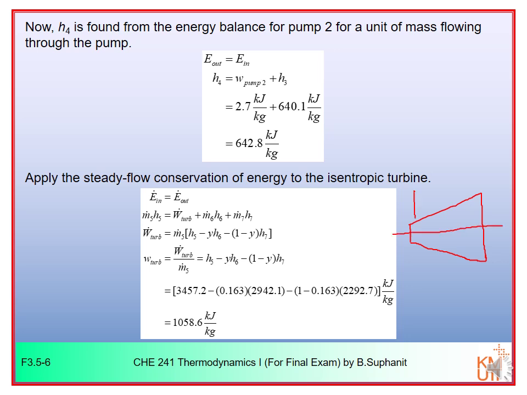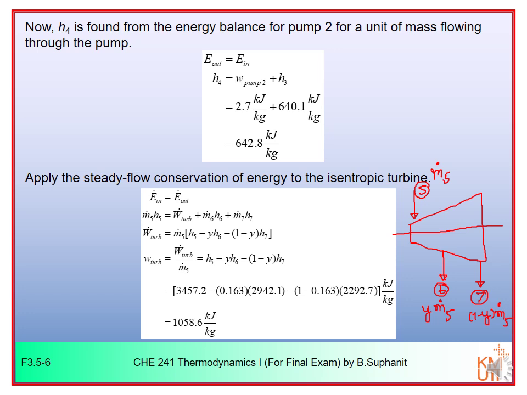It has one inlet, but it has two outlets, one at intermediate pressure and the other at the lowest pressure. We have the inlet at number 5, and outlets at number 6 and number 7. The mass flow rate coming in would be M5. The mass flow rate at the intermediate point would be Y M5. The mass flow rate coming out at the final exhaust would be (1 minus Y) M5.